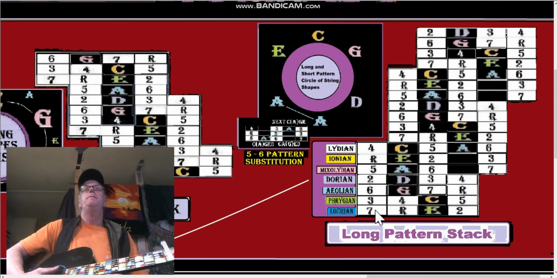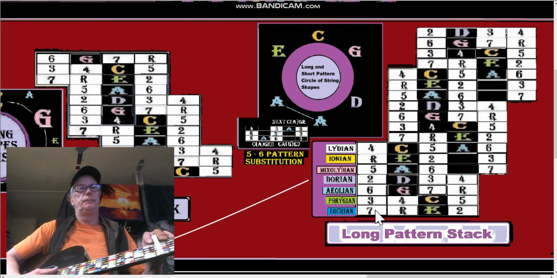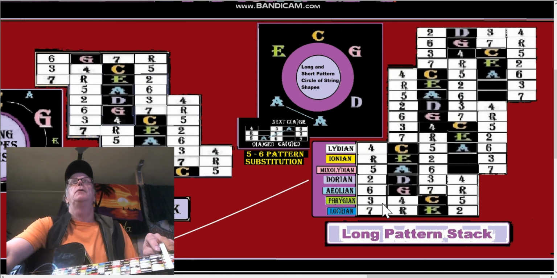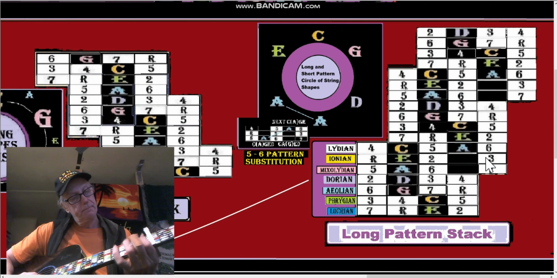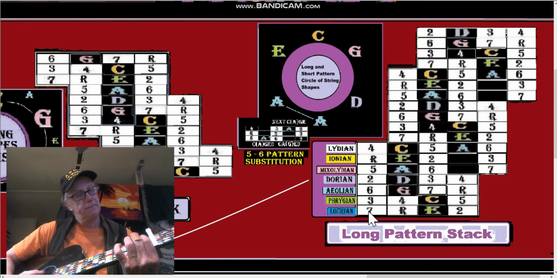All right, so we can consider the low E the 7th to play the Locrian scale. If we consider the low E the root, we'll be playing Ionian, but we have to play root, 2, 3. We're going to play the long pattern there. If we consider the low E the 7th, we'll be playing a Locrian pattern.